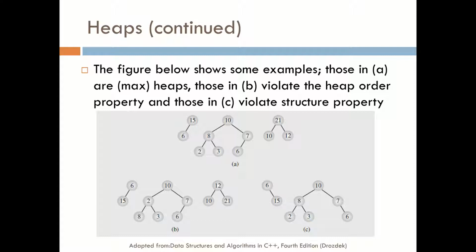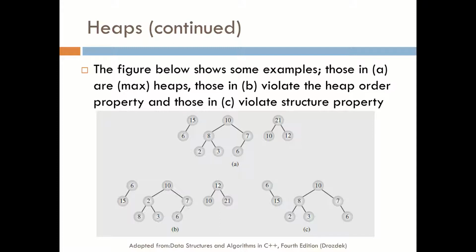So for instance, 15, number one, it is a complete binary tree, so it has the structure property. And at any node that I take a look at, the value of that node is greater than that of its children. And again, we're talking about a max heap. So 15 is greater than 6.